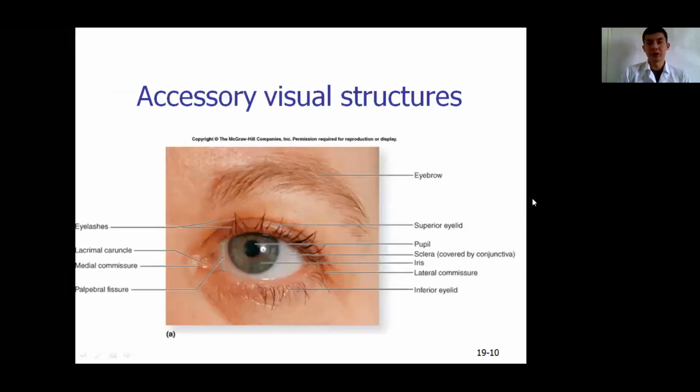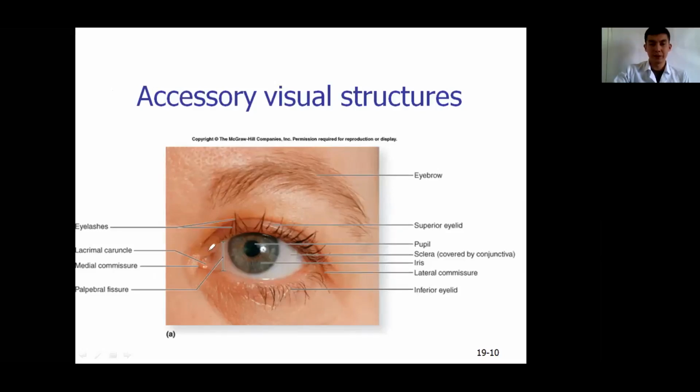So we'll begin with the accessory visual structures, the protective apparatus. In this presented diagram you see the orbital region, which is represented by the eyebrows, eyelids, eyelashes, and some other structures.